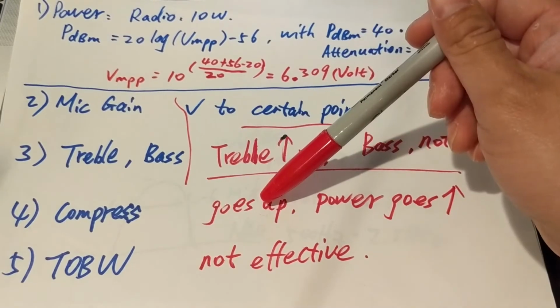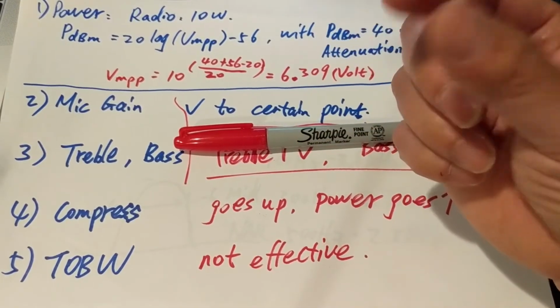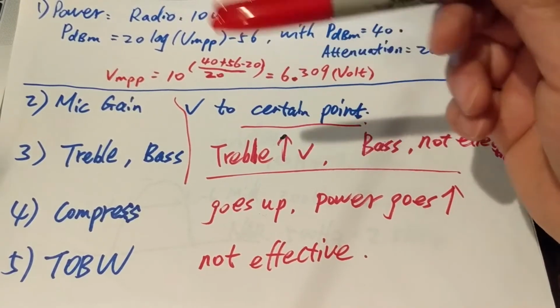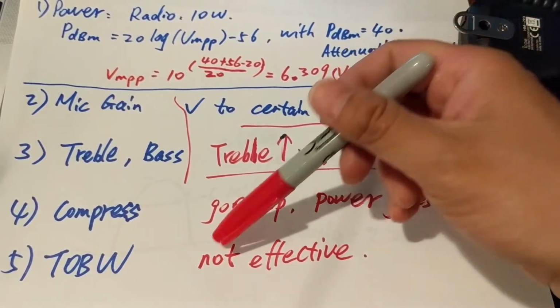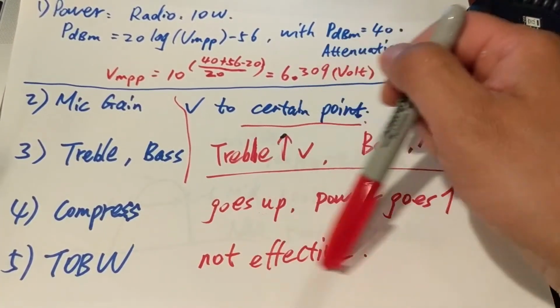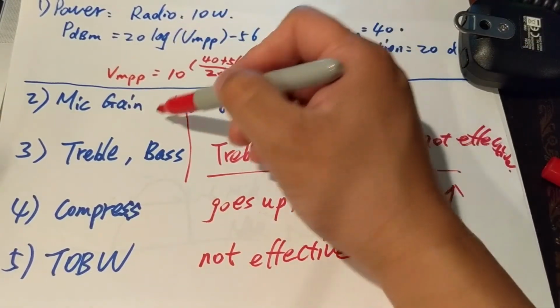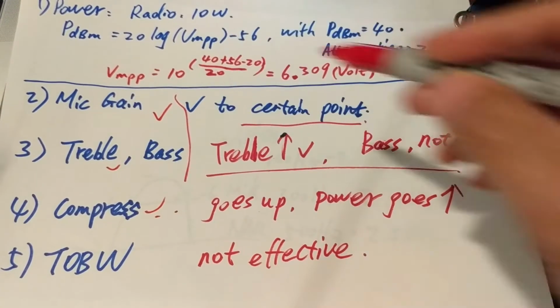When the compression goes up, the narrow part of the voice signal gets boosted and the power goes up. And TOBW, the bandwidth of the audio, is not that effective. So the most effective are microphone gain, treble, and compression.